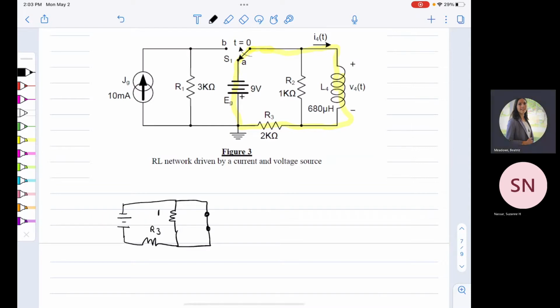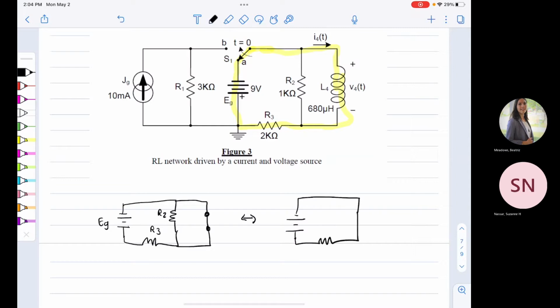We just talked about this earlier. No, what's closed? What path would current take? Exactly. So the resistor goes away, right? Oh, sorry, the resistor goes away. Okay.